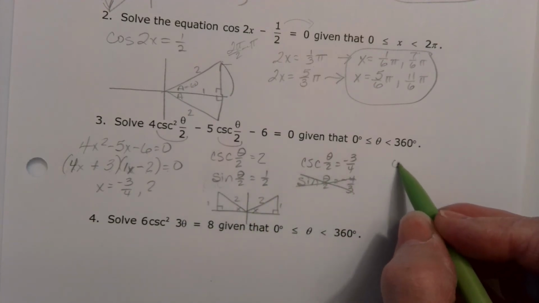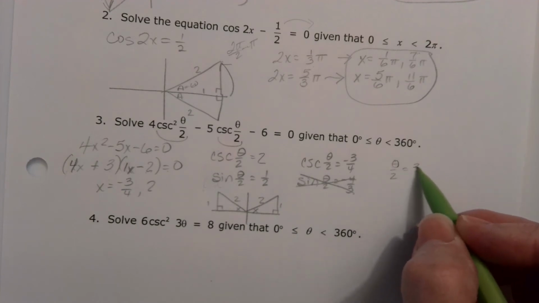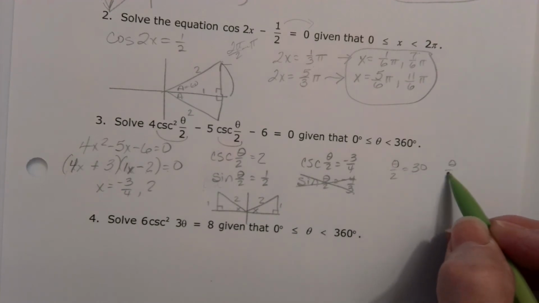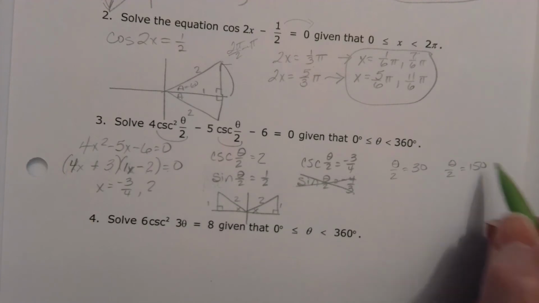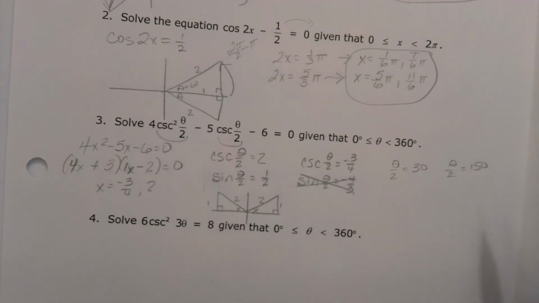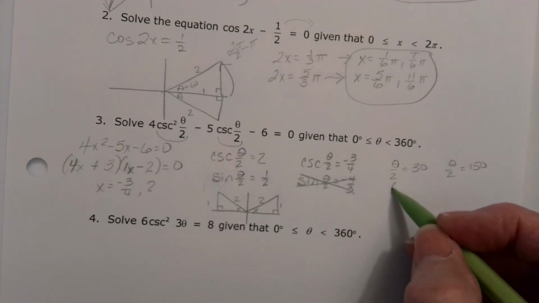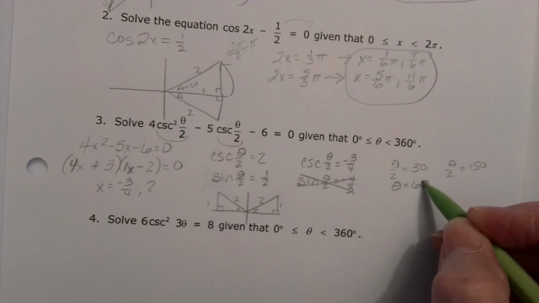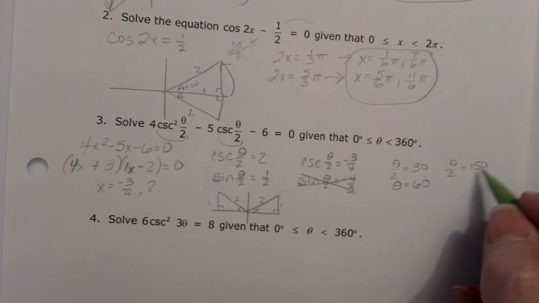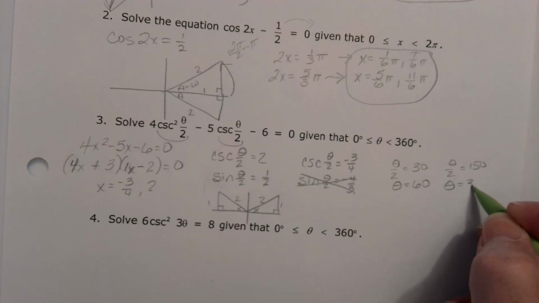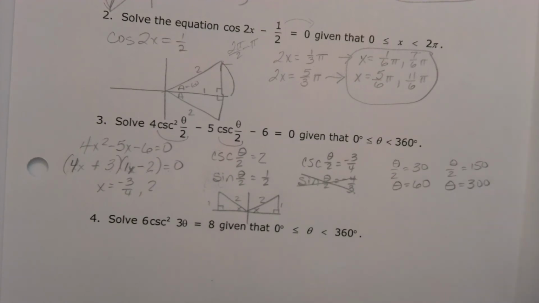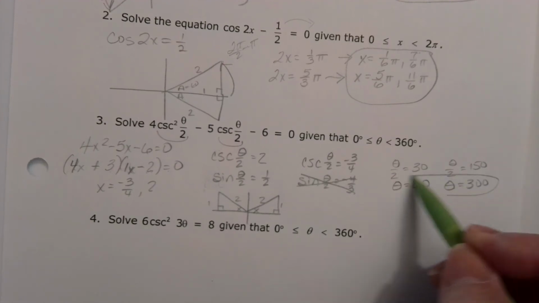So I'm going to have theta over 2 equals 30, and theta over 2 equals 150. Okay, then I'm going to multiply both sides by 2, and I'm going to get 60. And this one, if I multiply by 2, I get 300. Okay, so I got 2 answers there.